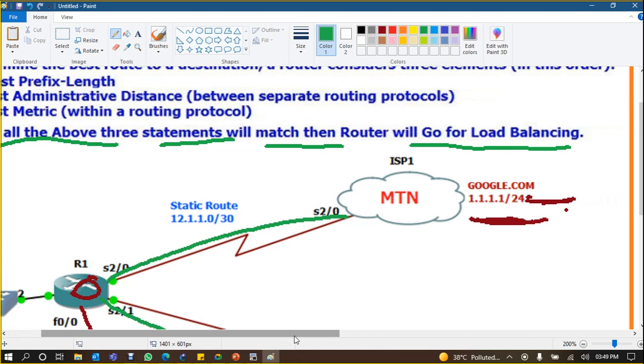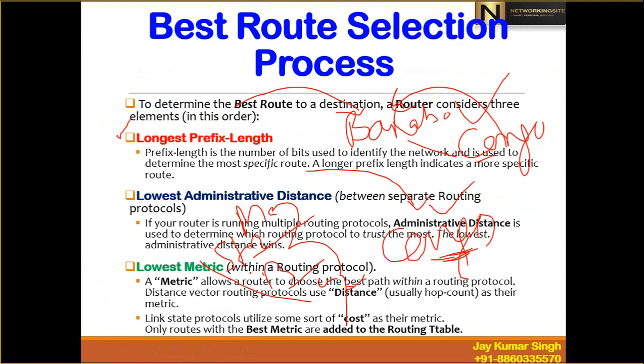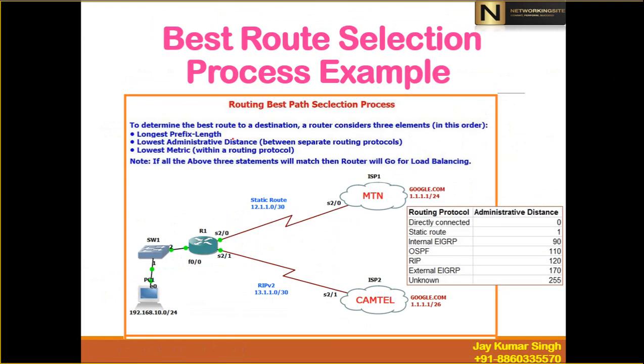So the router uses three statements. According to those three statements, the router finds which path is best, which path is second best, or whether it should do load balancing. It all depends on the routing condition and topology conditions.